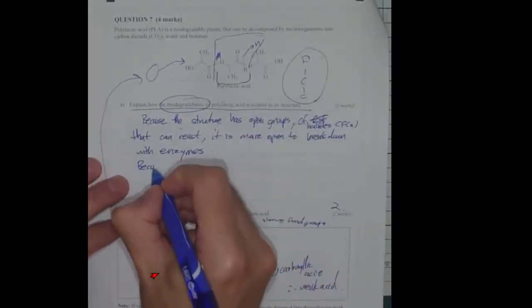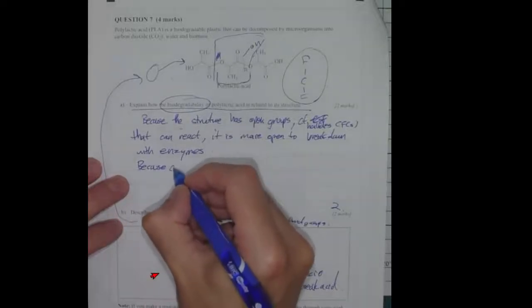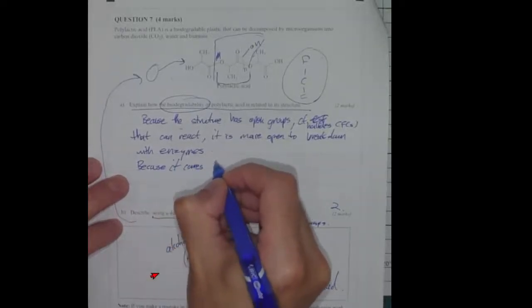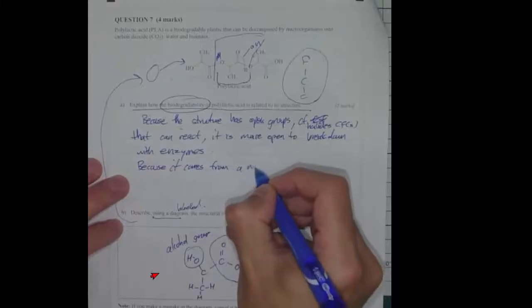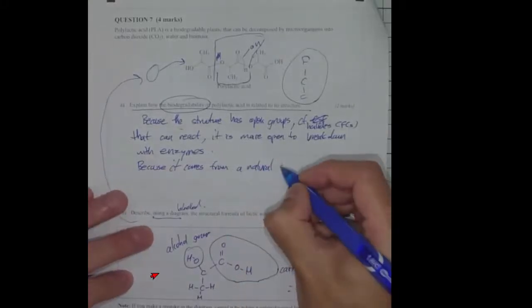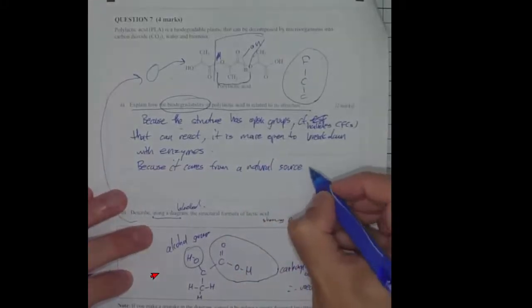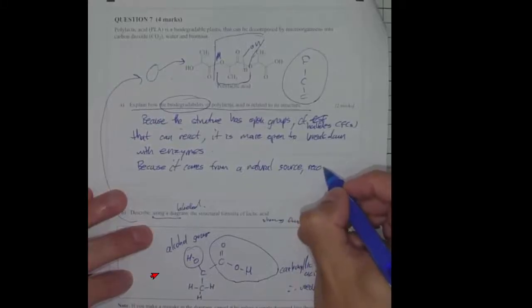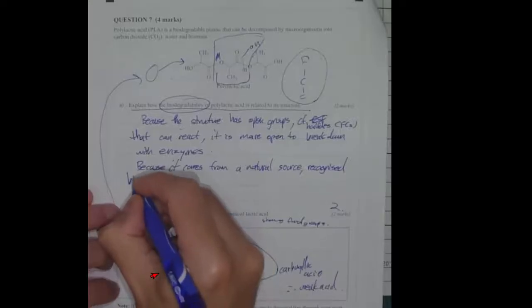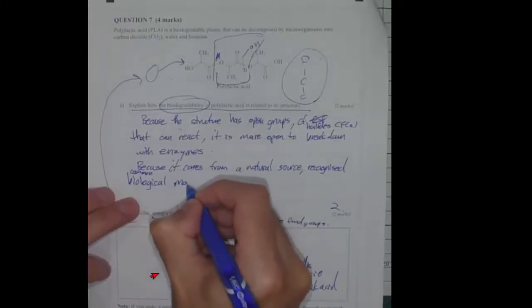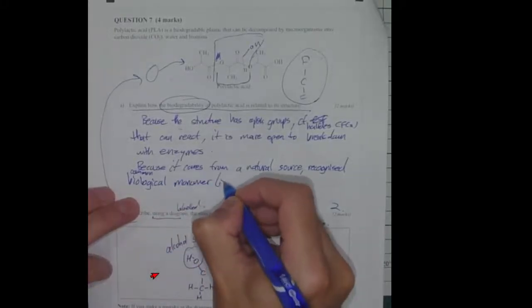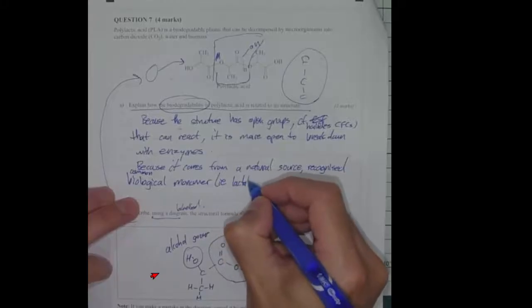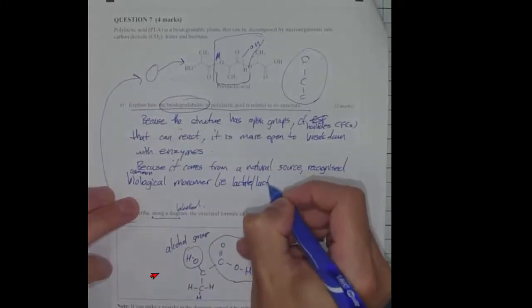Because it comes from a natural source. This is the real answer. A natural source, a recognized biological common monomer, i.e. lactate, lactic acid.